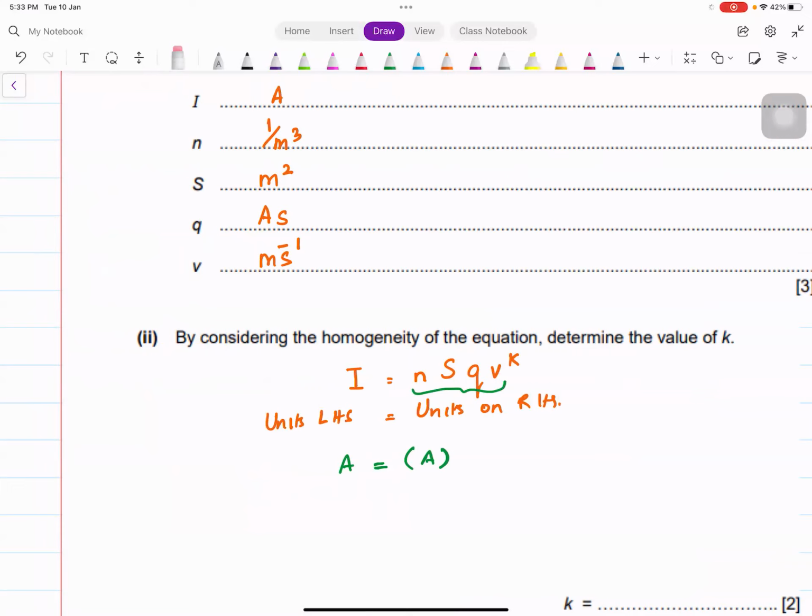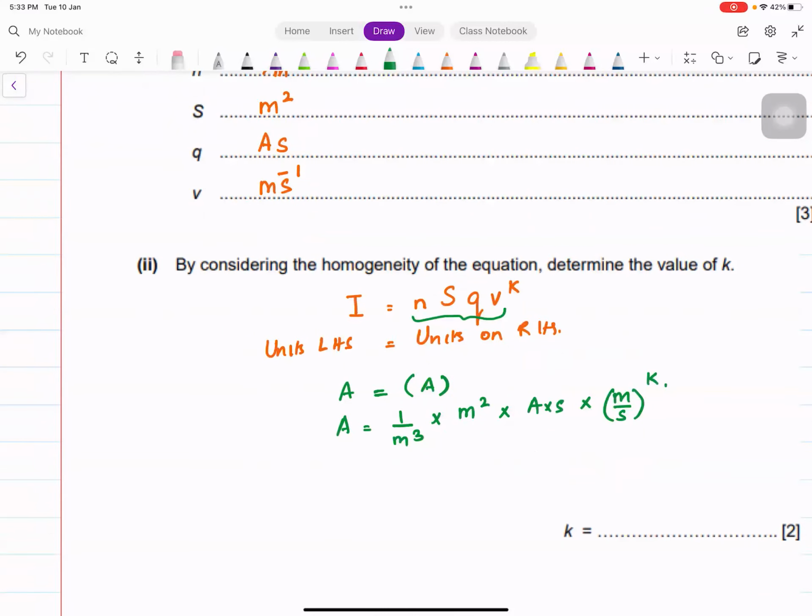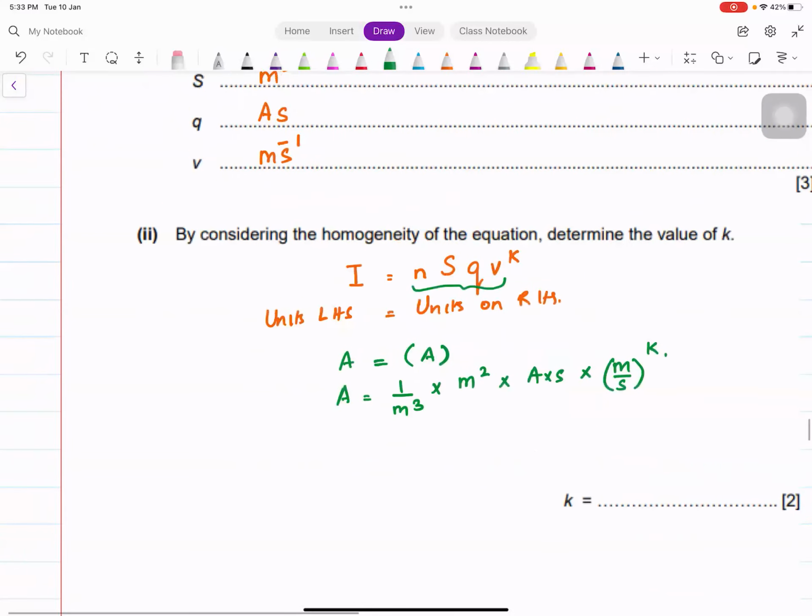Ampere is equal to N, which is 1 upon meter cube, S is meter squared, Q is ampere seconds, times V, which is meters per second, and whole power of K. With the power, we need to find K. Now you're going to try and cancel out most of the things. This is the tricky part. Let me just go through this.